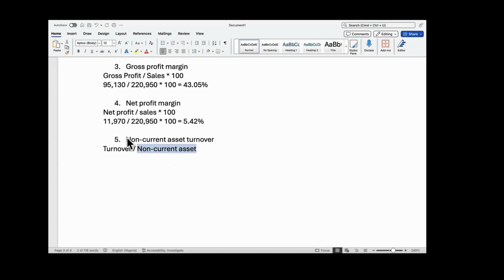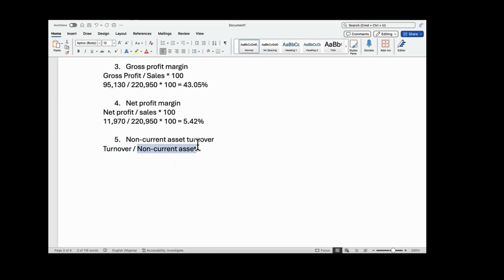I'm saying we are looking at the relationship between the sales and the assets, the extent to which the asset was used to generate the sales. Okay, don't look at it like that. Look at it more as the amount of sales, or how many times, or the proportion of sales that was generated from the use of our assets.